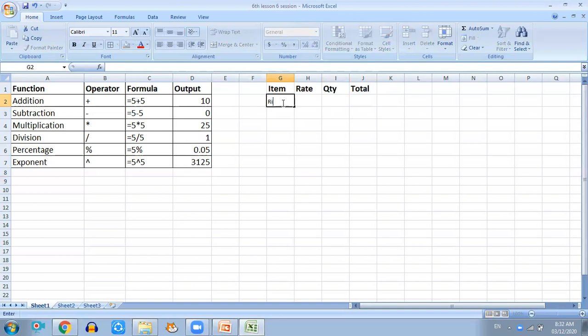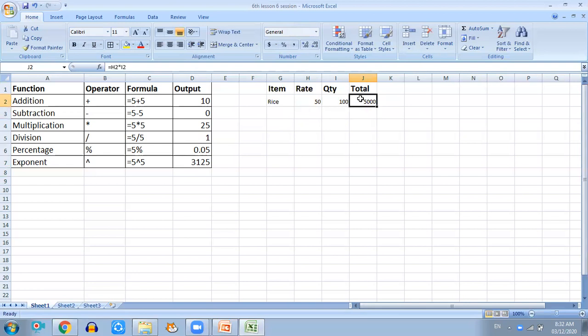We have rice, purchased at 50 rupees per kg, and we have purchased 100 kg. So we want to do its total. How will we take the calculation? We will multiply this by this. So we can do equal to this cell, multiply sign, and this cell, and press enter. So 5,000. Automatically this will do the total.